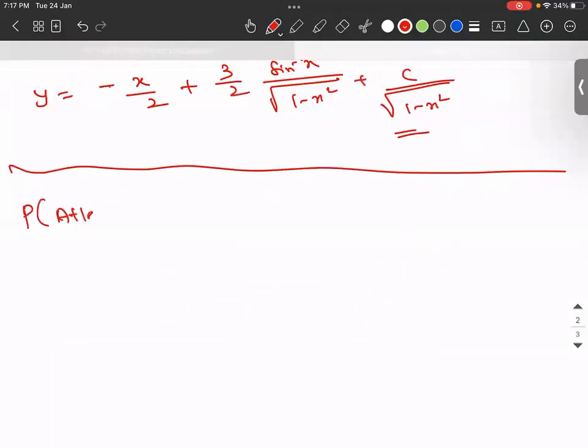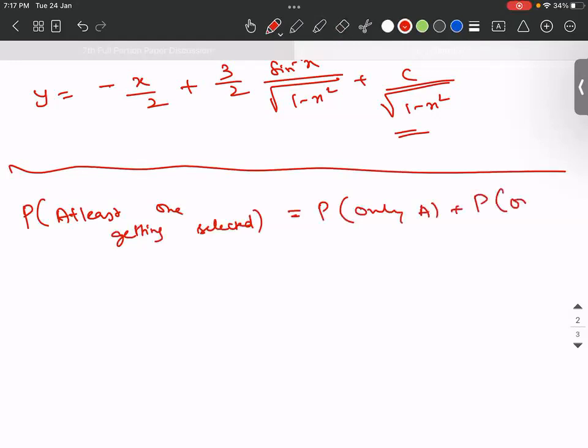P of at least one getting selected: probability of only A getting selected, or probability of only B getting selected, or probability of both A and B getting selected.